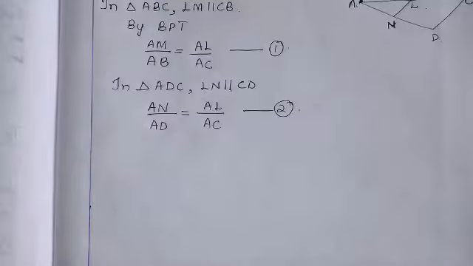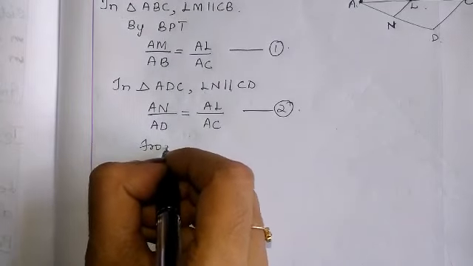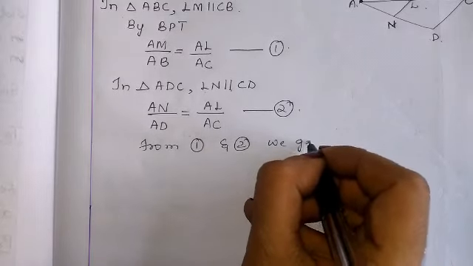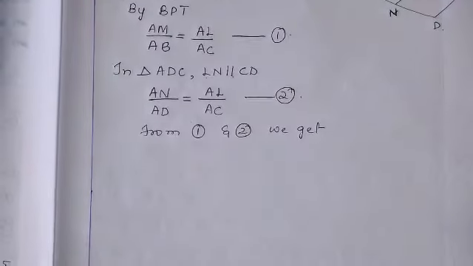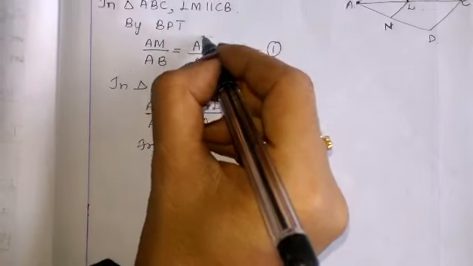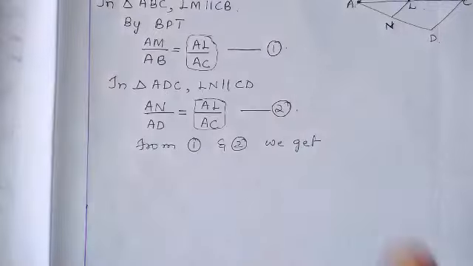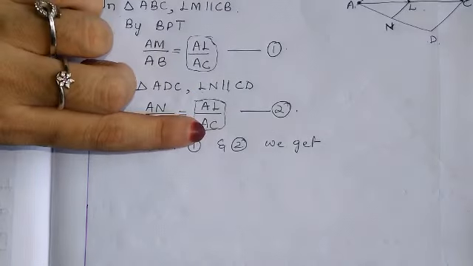See, from 1 and 2 what can we get? Everybody, from 1 and 2, AL by AC is common in both equations.